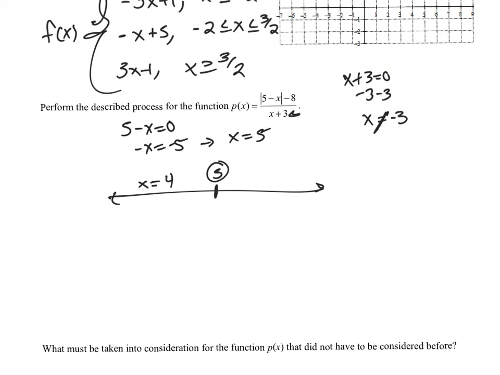And to the right of 5, we'll say x is 6, okay? And then when x is 4, with this being a rational function, our first piece is going to be positive. And our bottom piece is going to be negative, or to the right will be negative.